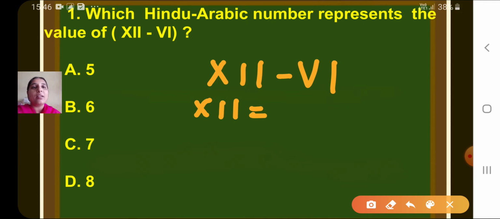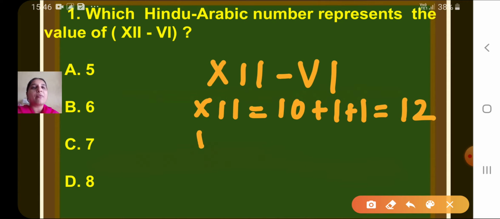It will be 10 plus 1 plus 1. So, what will you get, children? Yes, we will get 12 here. Whereas VI represents the value 6. V stands for 5 and I stands for 1. So, 5 plus 1, 6.